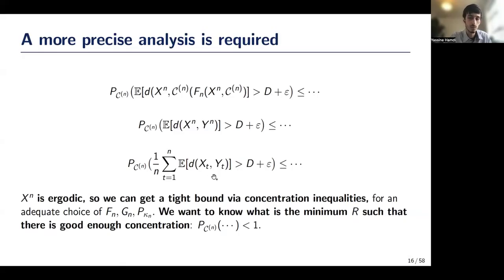And therefore, by finding the best possible bound, the tightest possible bound, you will have the chance to find exactly the value of R that will make this strictly less than 1.